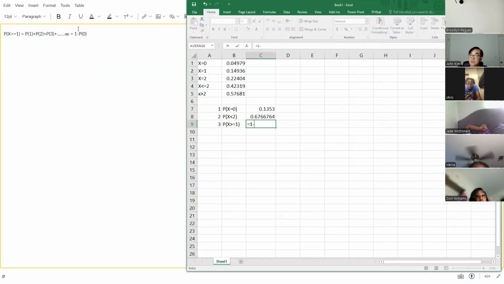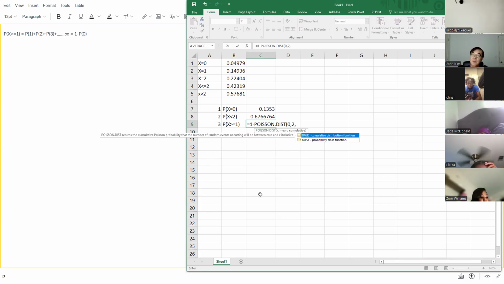So p0 is single, so probability Poisson distribution. So it is now 0, x equals 0, 2, and because it is single, it doesn't matter because only one, only the 0.